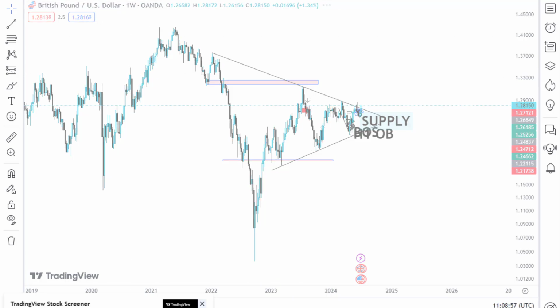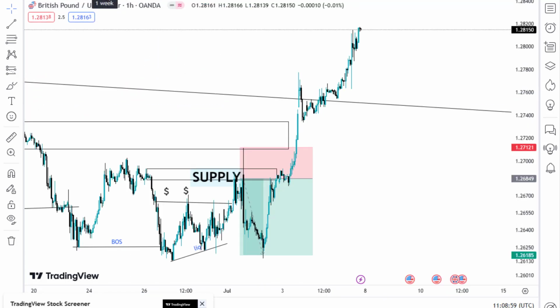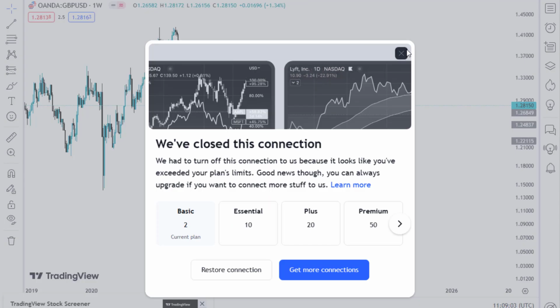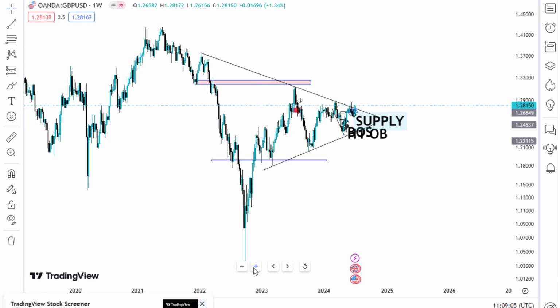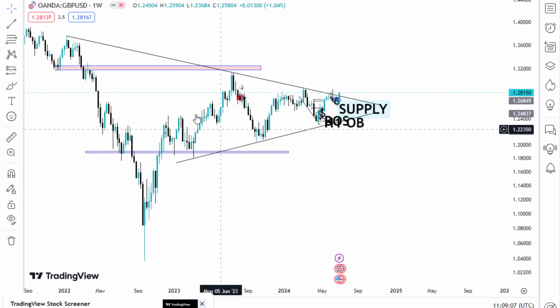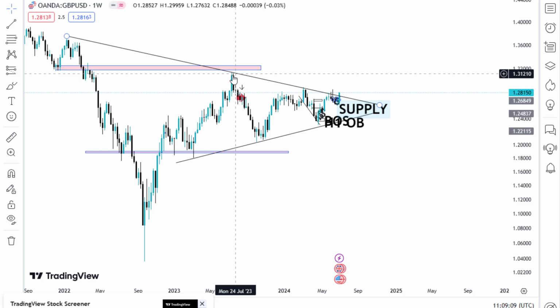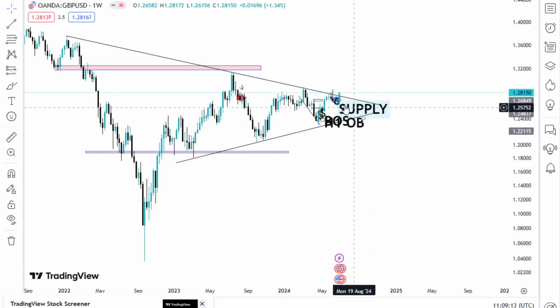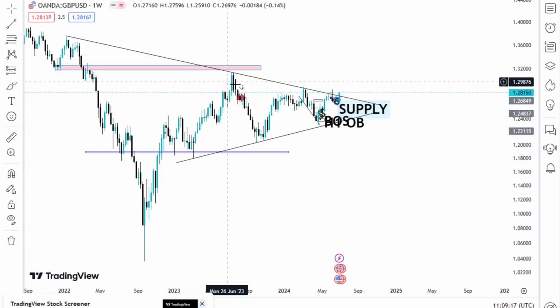We have a similar scenario with GU, which actually broke through in a smaller time frame. In a smaller time frame, we had a breakthrough to those zones, and price was going up. You can see we have the same pattern here: price rejecting, rejecting, rejecting. We are still waiting for the weekly confirmation for price to break above here. But if you look at it in a smaller time frame, it shows that price has broken through.